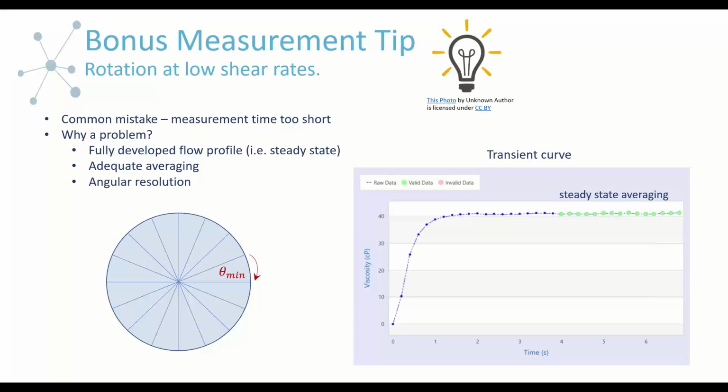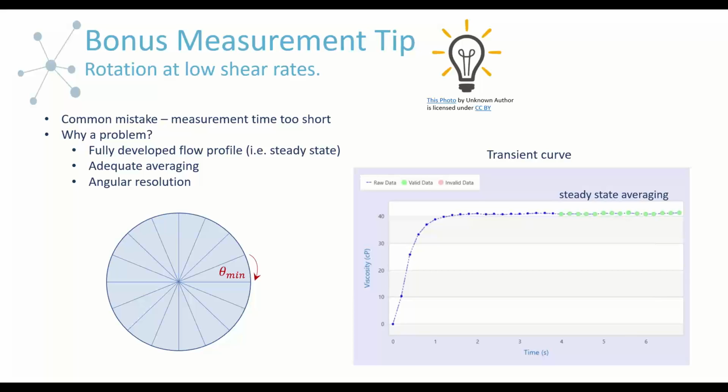The other issue that I think people overlook when it comes to this type of measurement at the very low rates and choosing your timing is that in addition to needing to measure long enough to get to steady state, you also have to work within the angular resolution of the instrument. So just like there are torque limitations on the rotational tools, you also have a minimum angular resolution.